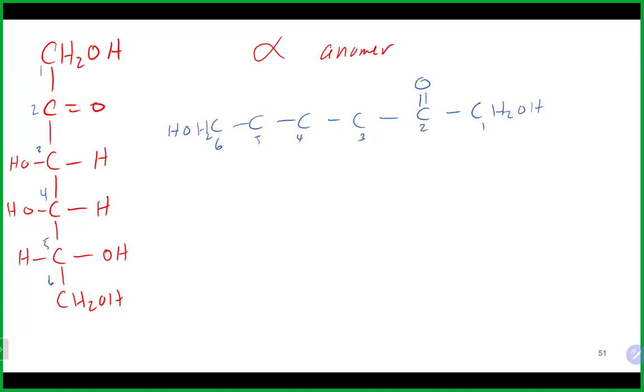Same idea. Everybody to the right there is going to go down. That means at carbon 3, I have an H and an OH. Carbon 4, I got an H and an OH. And carbon number 5, I got an OH and an H.